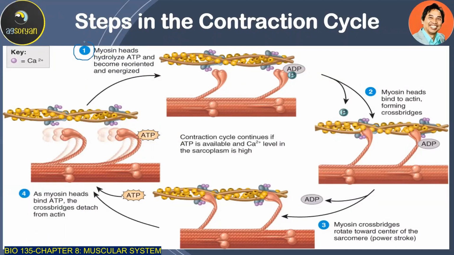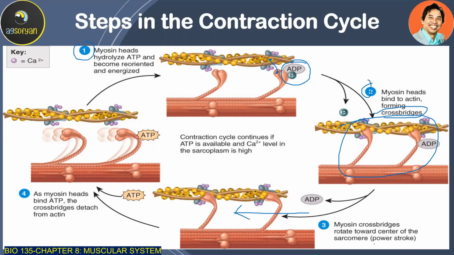The first one, the ATP will hydrolyze. When it is hydrolyzed, this myosin head will bind to this binding site, making what we call the cross bridge. And then after hydrolysis, it will also pull the actin to the middle.